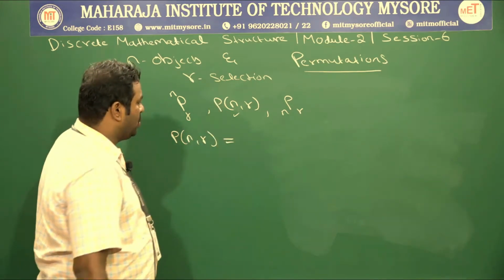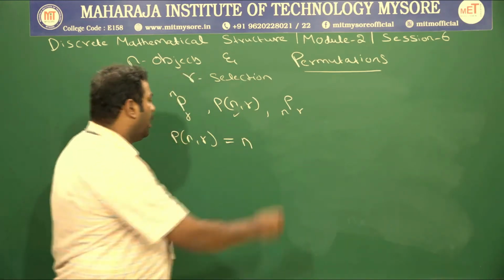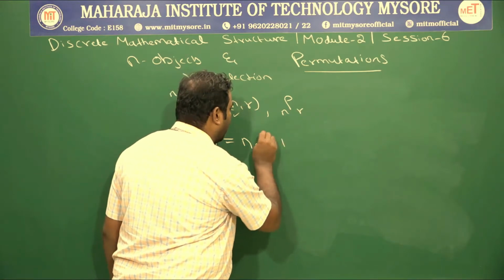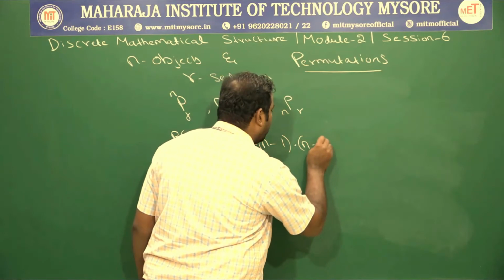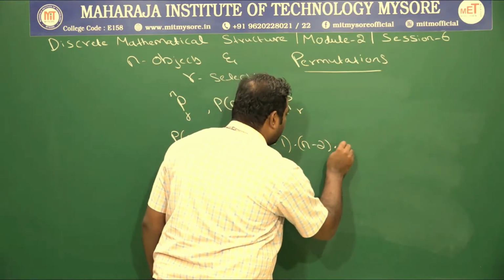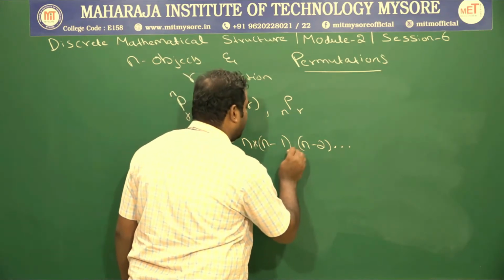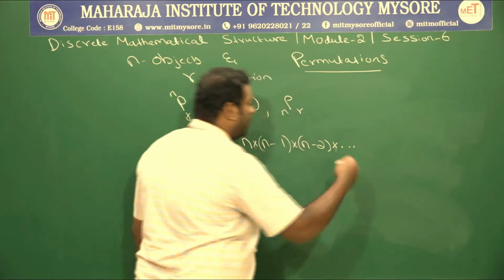This is equivalent to n into n minus 1 into n minus 2, multiplied until where?